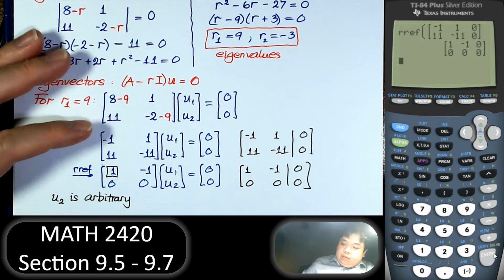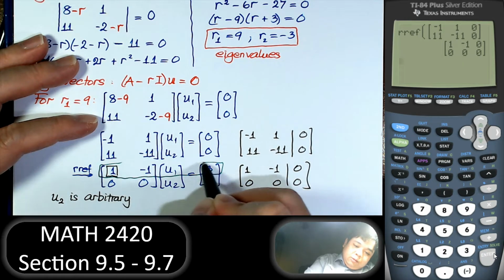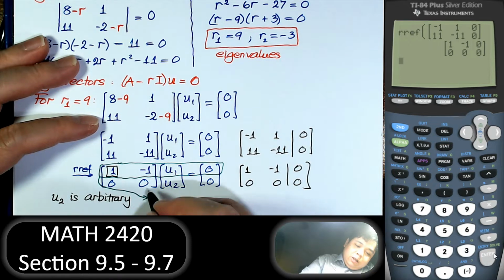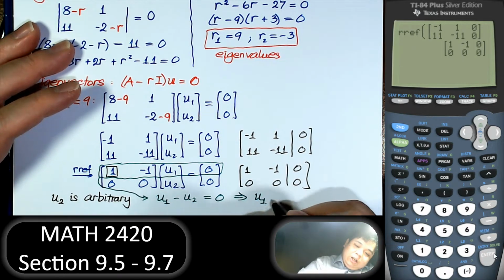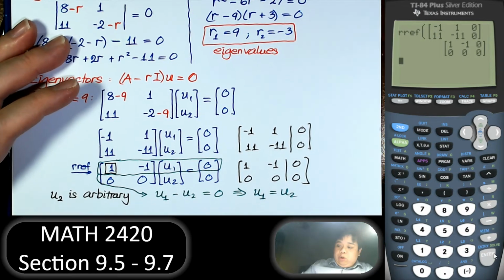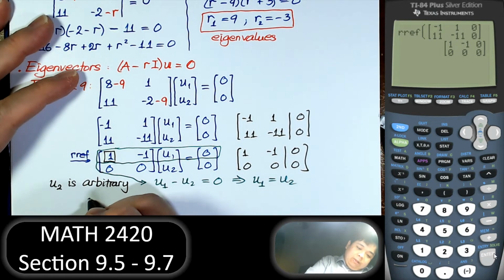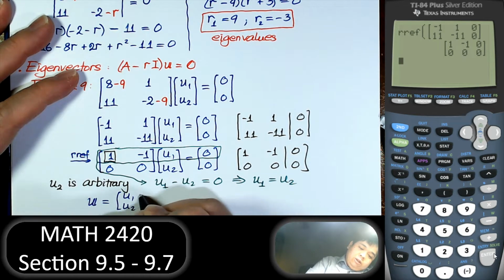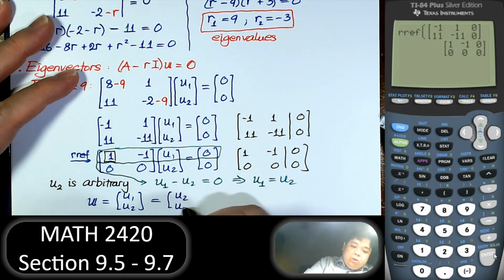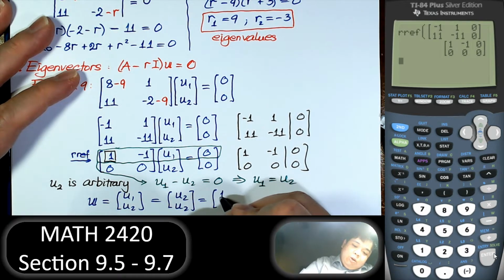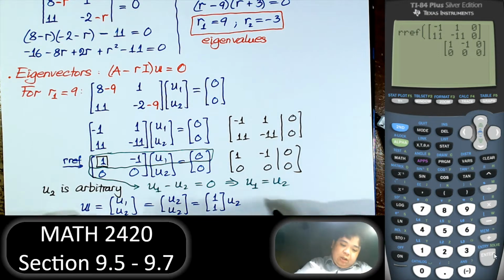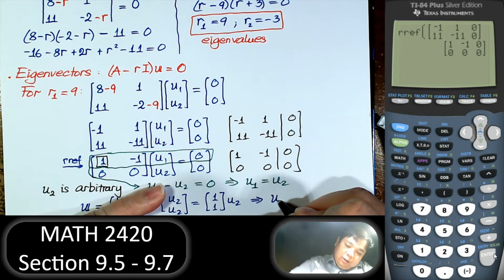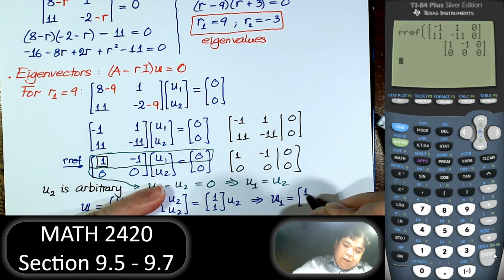From this equation, 1 U1 minus U2 equals 0, so U1 equals U2. Writing the vector out as U1, U2, which is U2, U2, we factor out U2 and have 1 and 1 times U2. So the eigenvector is 1 and 1.